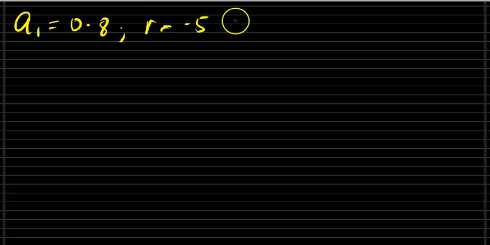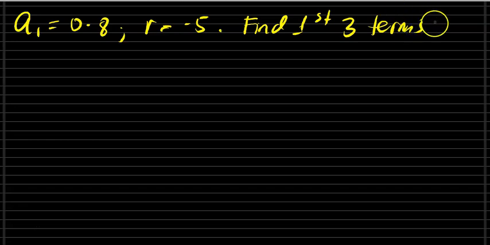Okay, so let's look at one more example. This time we are going to be given the first term, a sub 1 is equal to 0.8, and we are also given the ratio, which is negative 5. We are now asked to find the first 3 terms of the sequence, and also find the explicit formula.